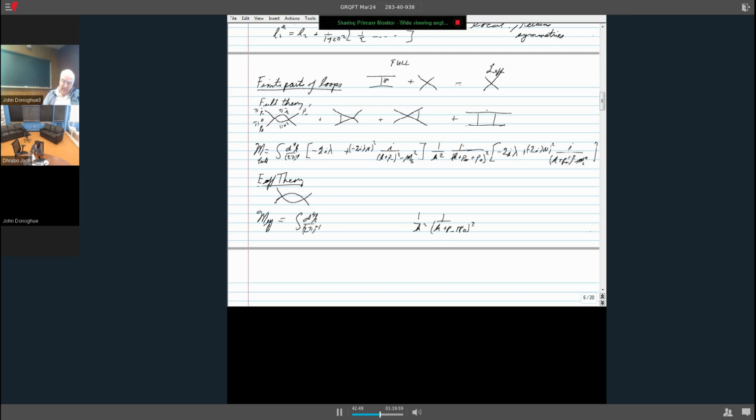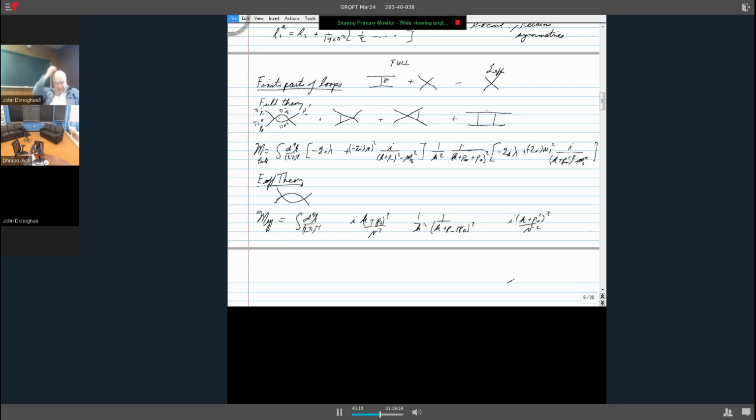In the effective theory, I've only got 1 diagram. In the effective theory, I just have that vertex, and so I just write out this diagram. That's the only diagram I have to do, but I have a different vertex there.